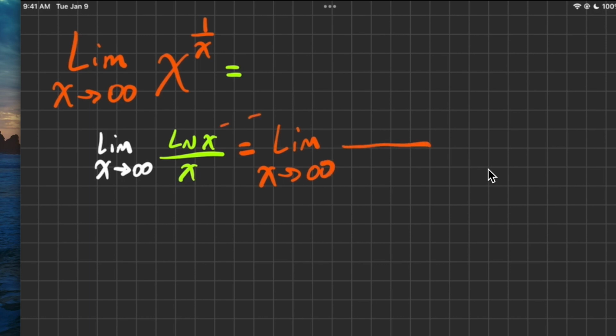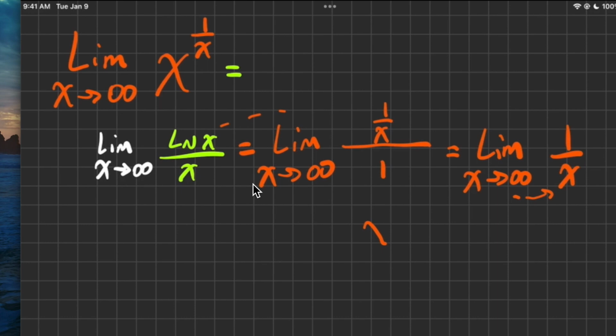The derivative of ln of x is 1 over x. That is in our numerator. And the derivative of x is 1. Therefore, we're going to have the limit as x approaches infinity of 1 over x. When we plug infinity into that denominator, our limit is going to be 0. So our limit is equal to 0.